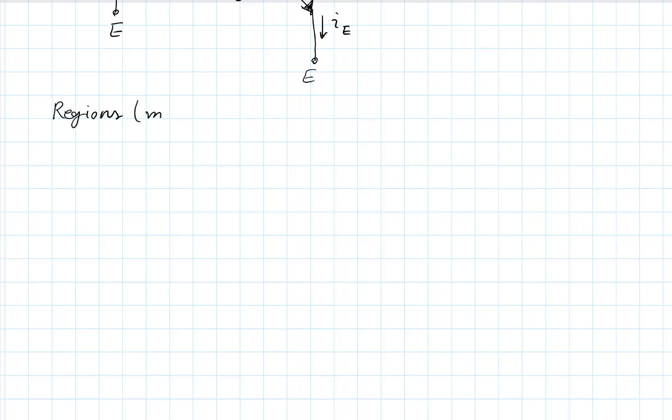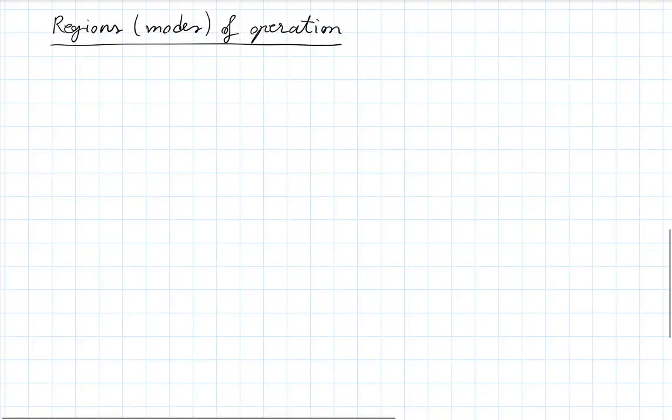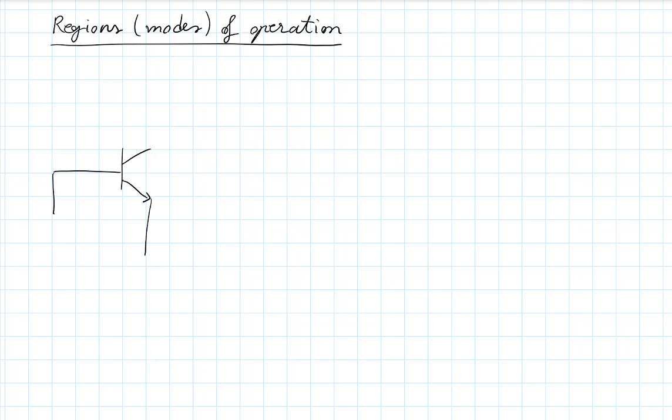Regions or modes of operation. The easiest way to get into this is to also indicate a couple of voltage sources. Imagine I have applied this voltage between base and emitter, so I call this VBE.